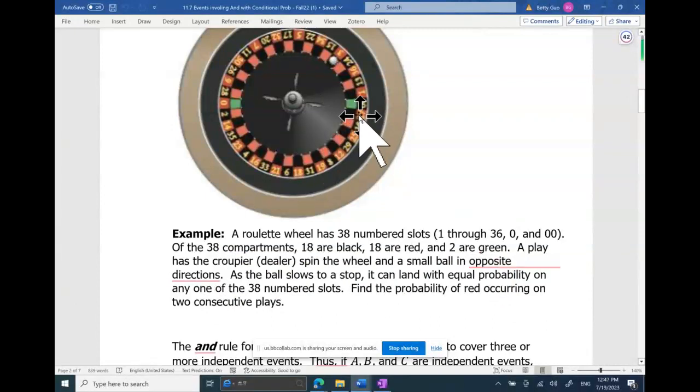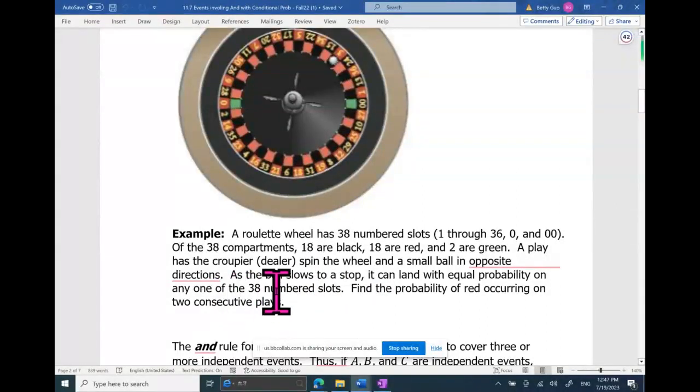As I can see, this 00 is green, this 0 is green, and we have 18 red numbers and 18 black numbers. So around the wheel, we have 38 slots. That's a roulette wheel.